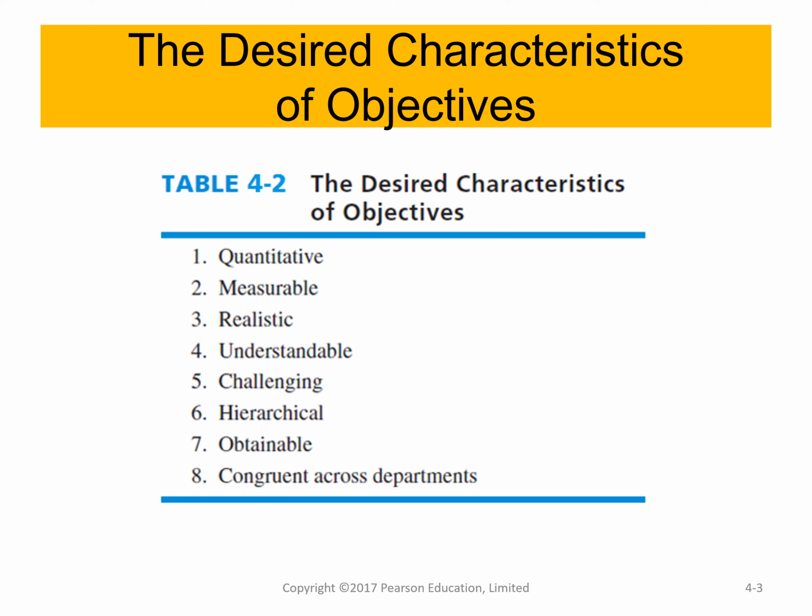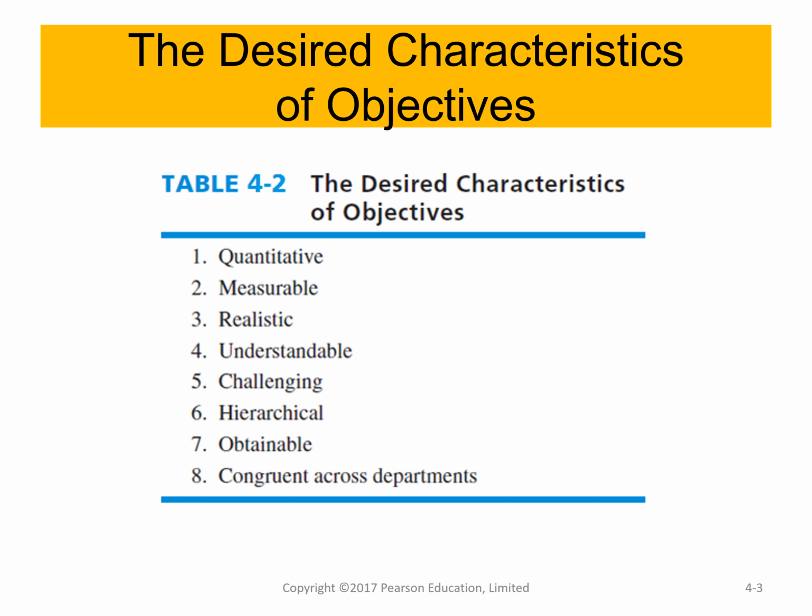Now, for the characteristics of objectives, all objectives should have at least these 8 characteristics. They should be quantitative, measurable, realistic, and understood by both parties.